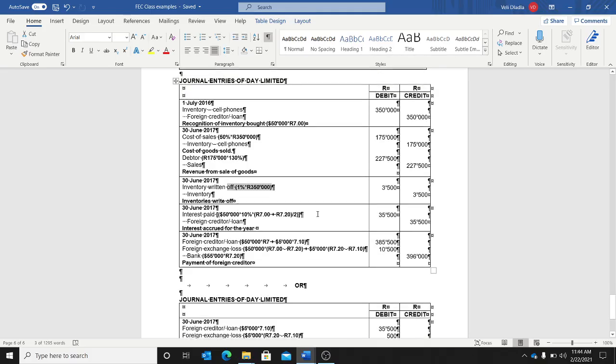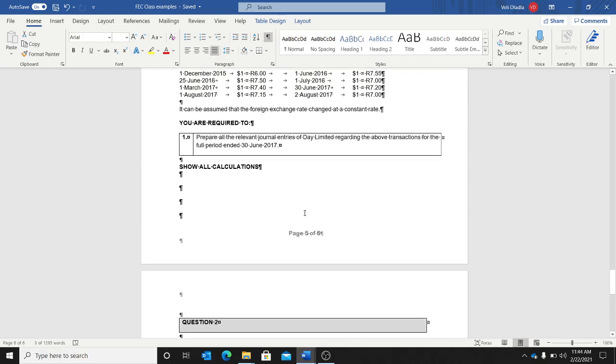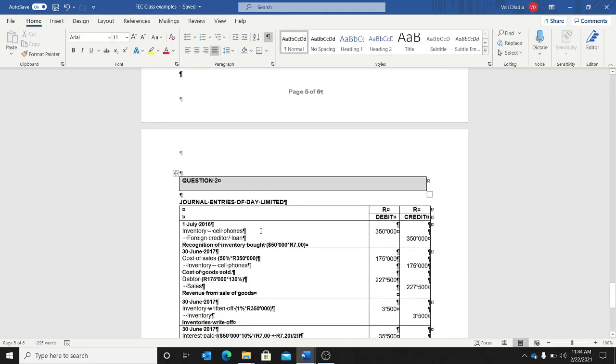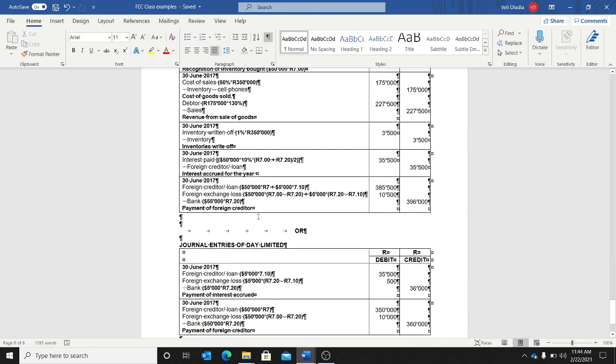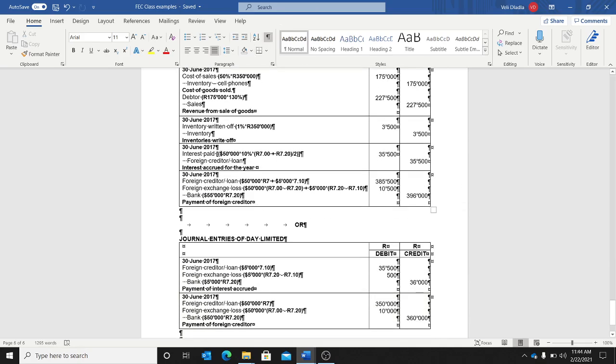Now, where I'm going, I want to show you in terms of this, right? Since the year end in this one is June, you have to calculate interest. You can see here the interest is 10%. It says multiply by 7 plus 720.